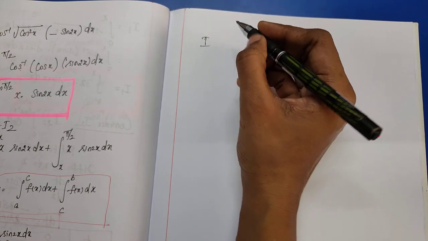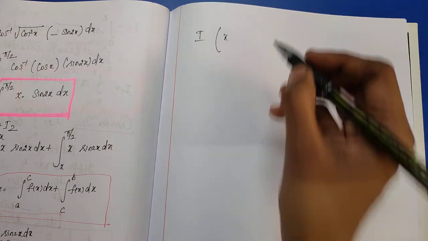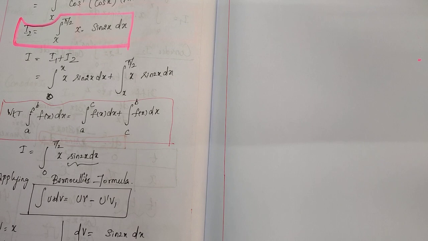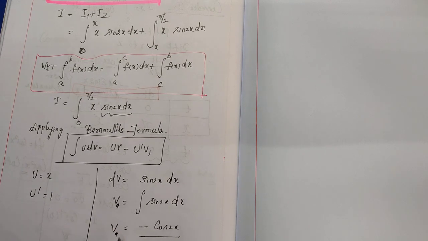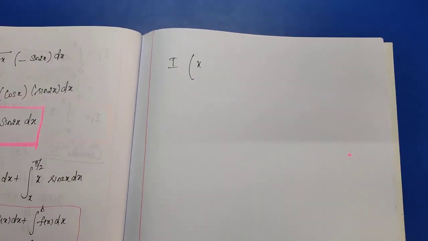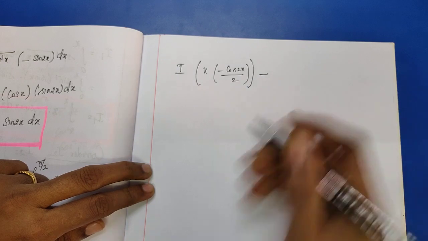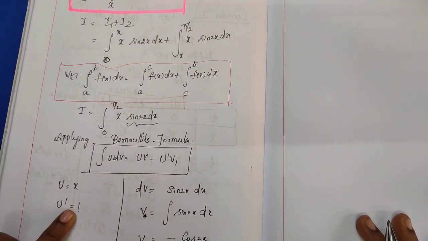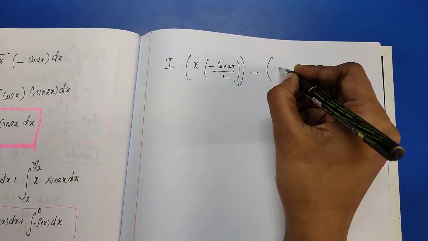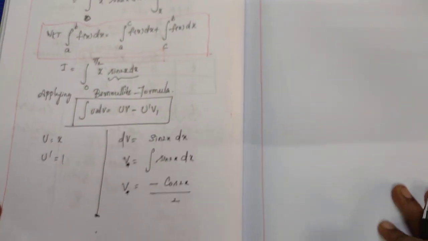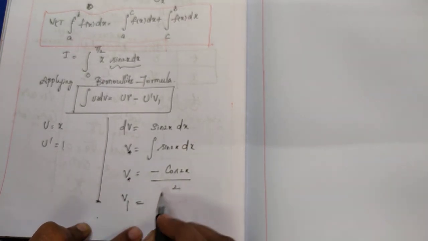Our I is equal to uv, where u is x and v is minus cos 2x by 2, minus u dash, which is 1, times v1. So again integrating it.